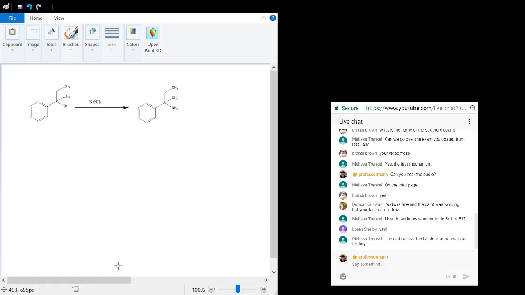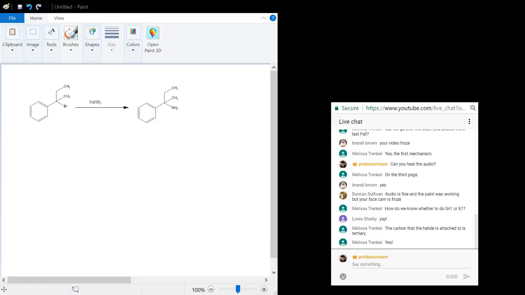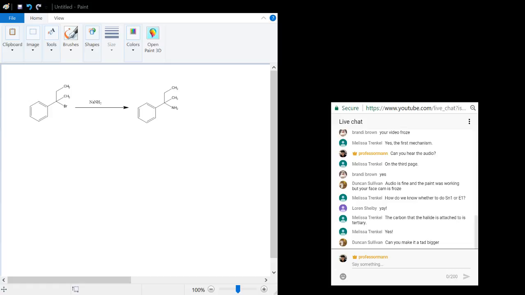Anyway, so in this case, Melissa, the answer is actually very easy in that you know which one it's going to do. Can I make it a tad bit bigger? Hold on, Duncan. I'm working on it, buddy. The carbon that is the halide is attached to tertiary. Yes, yes, yes.